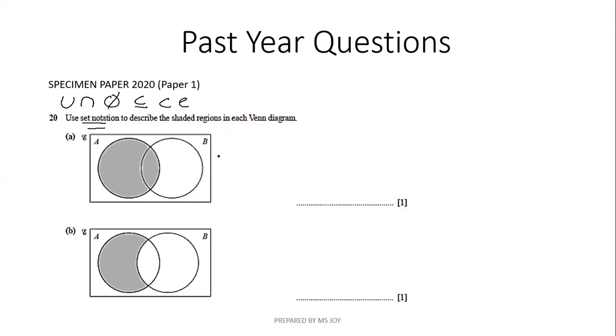I can see some of you gave me the answer like U, A. Okay, this is the thing. It's only shaded A. If you write like this, there's no connection at all. Like what is union with A? Hanging like that. So what do you do if, in the exam, they ask you to shade A?